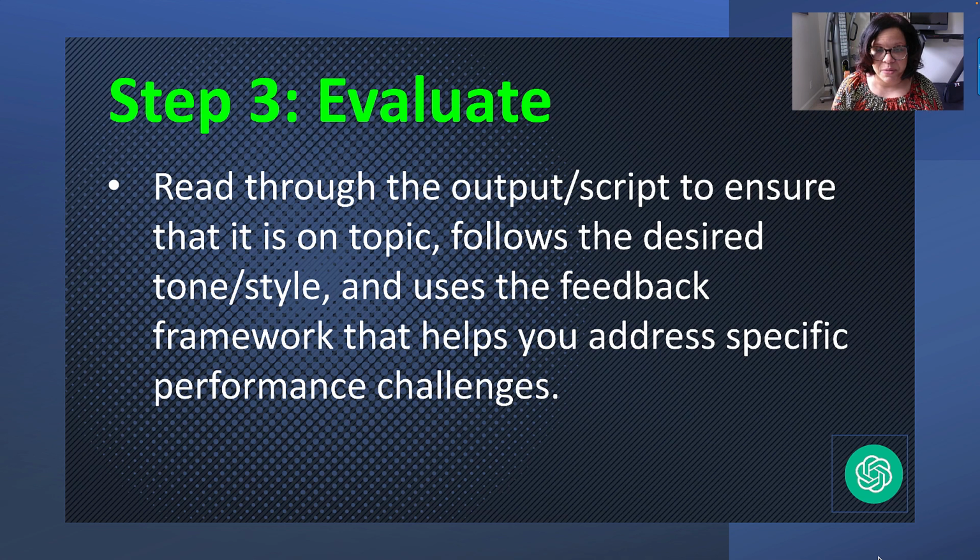So you want to look for those things. With that being said, there are times when your output is totally wrong, and that is called hallucination. It appears like you're getting the right information, but when you read through it, you'll start to pick up on things that are incorrect. So that's something to keep in mind.